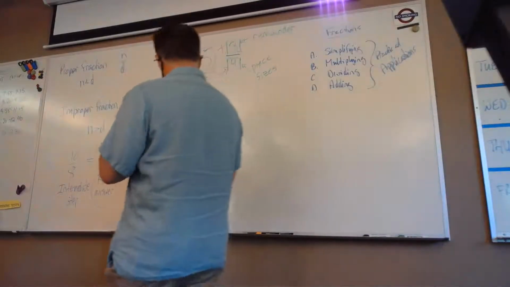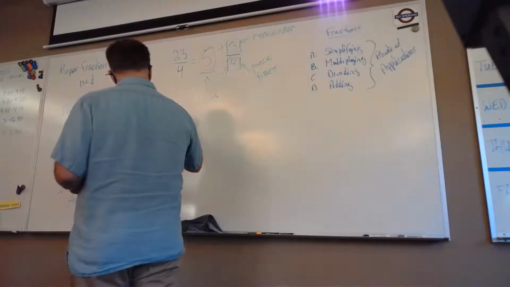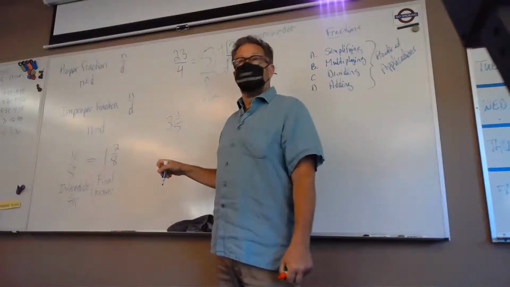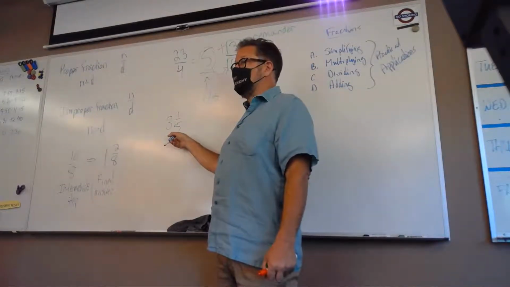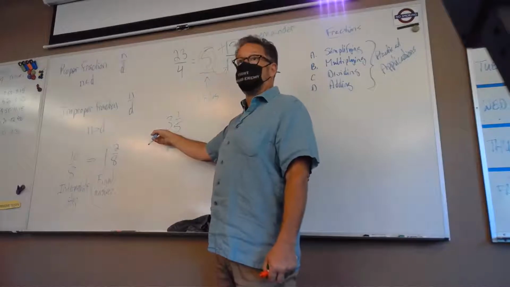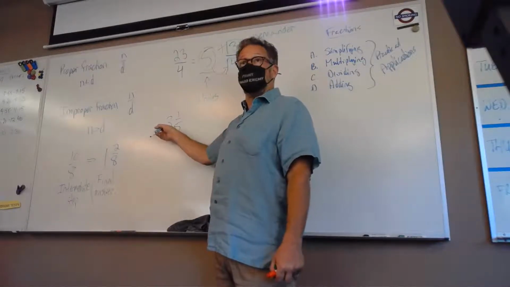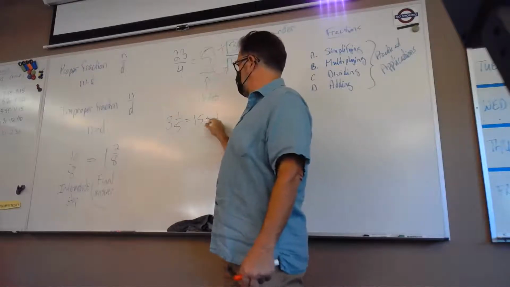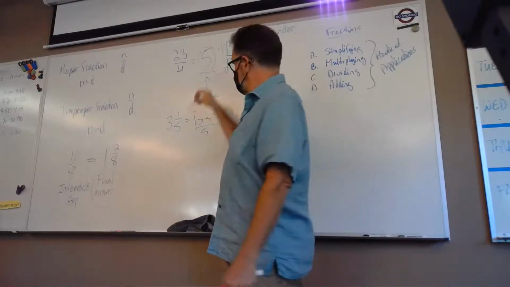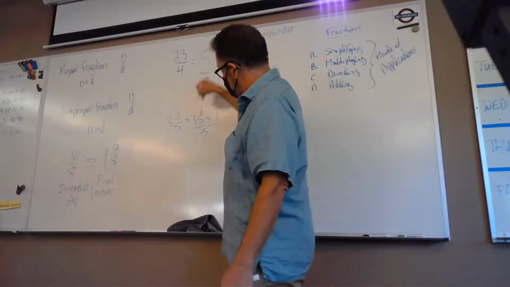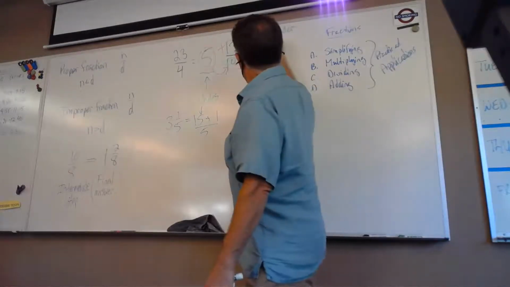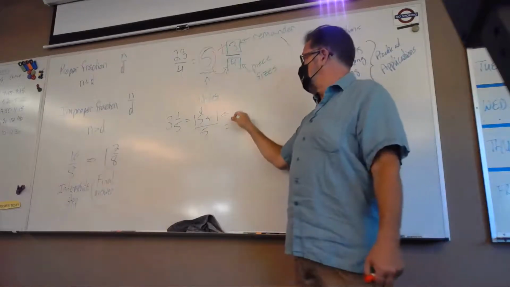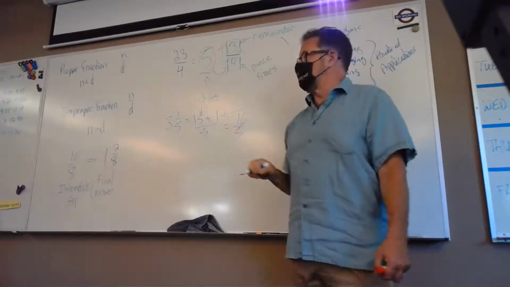3 1/5. What are my parts? Fifths. 3 wholes is going to be 3 times 5, which is 15, plus my remainder. So there's my wholes, there's my remainder, and I've got 16 fifths.